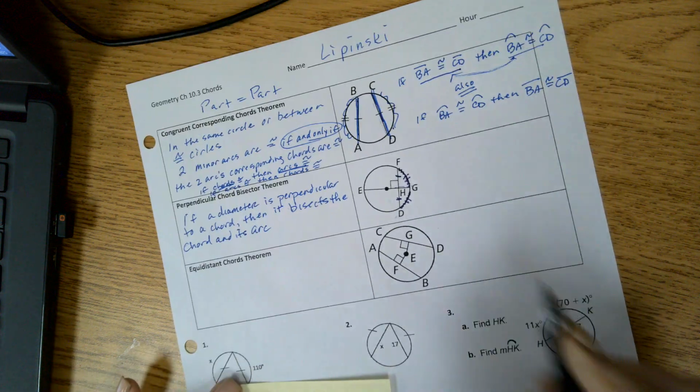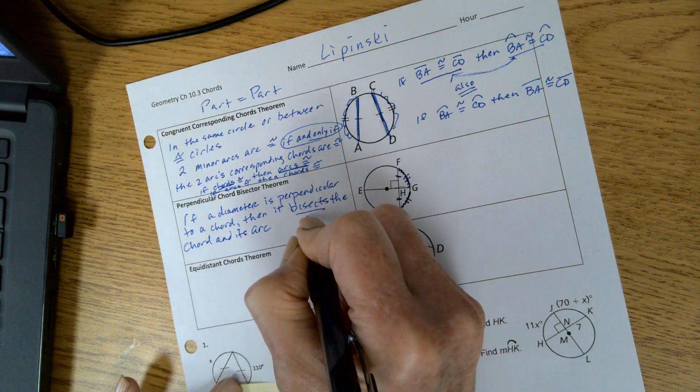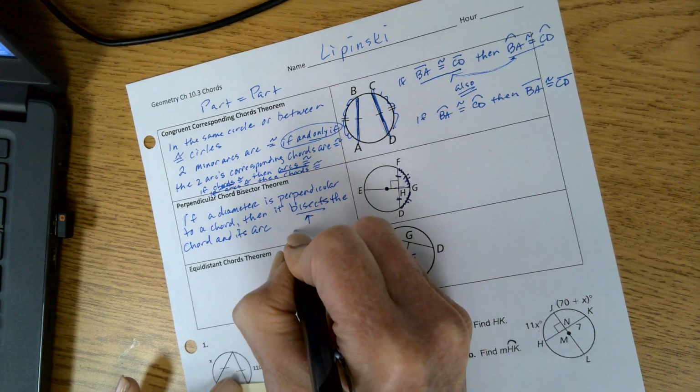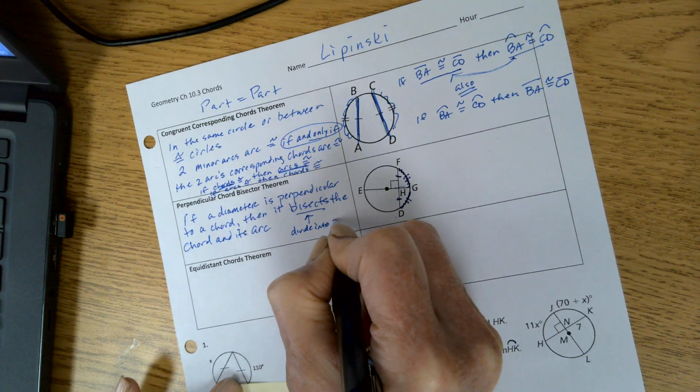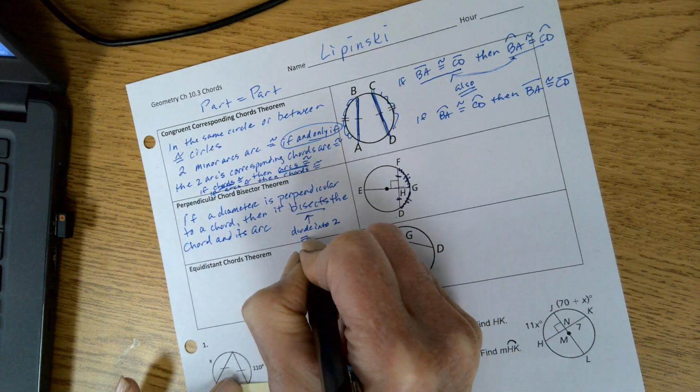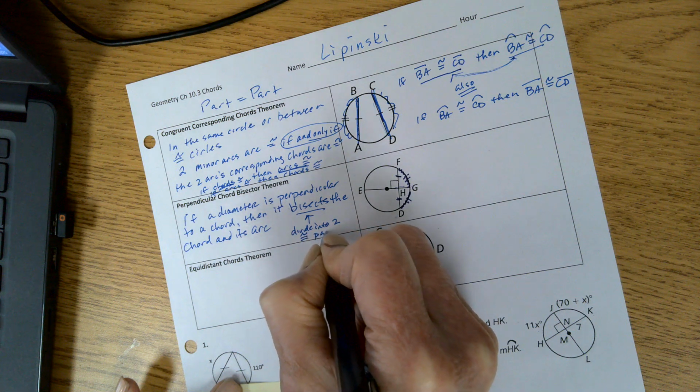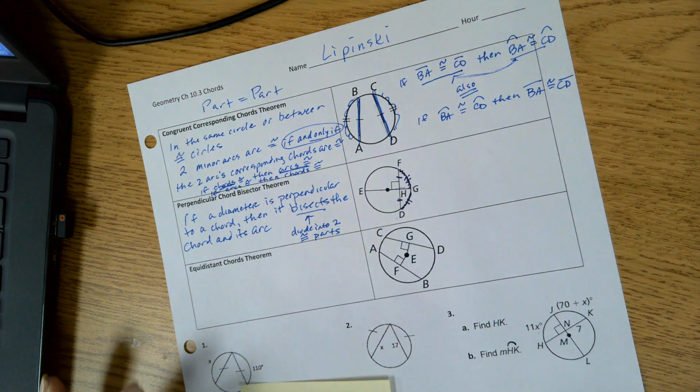Okay? I'm going to put bisect here in case you forget. It means to divide into two congruent parts. Okay?